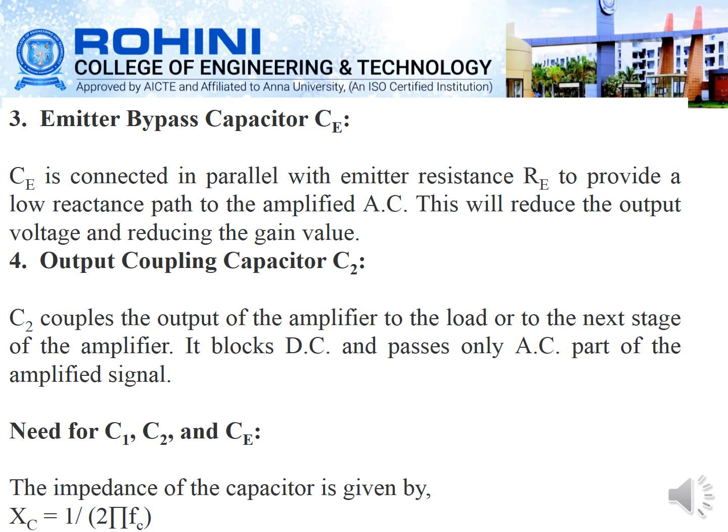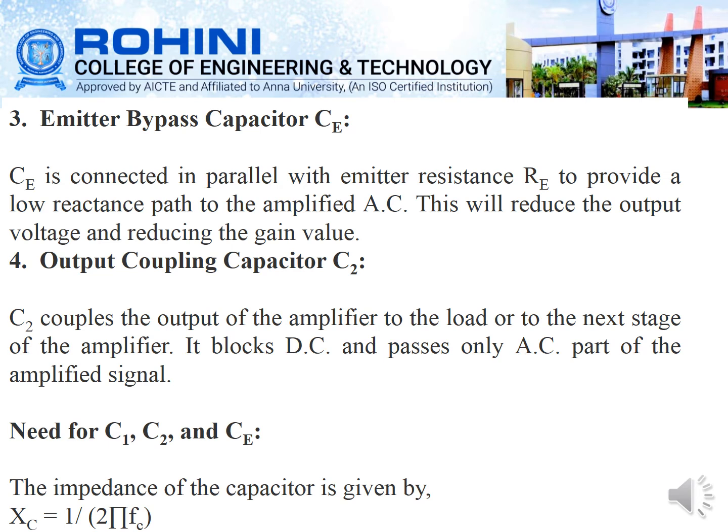So here we are considering the bypass capacitor, which we call CE. CE is connected in parallel with the emitter resistance RE, to provide a low reactance path to the amplified alternating current. Without this capacitor, the output voltage and the gain value would be reduced.